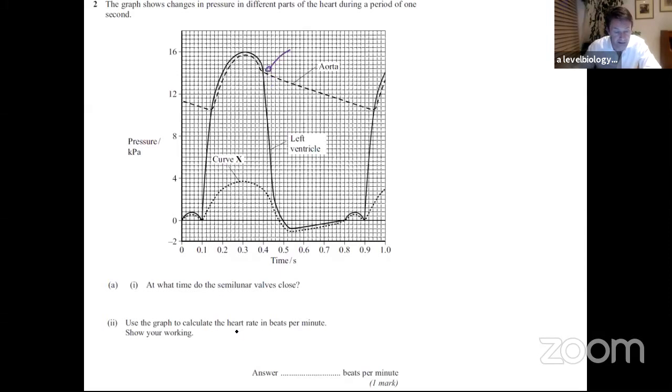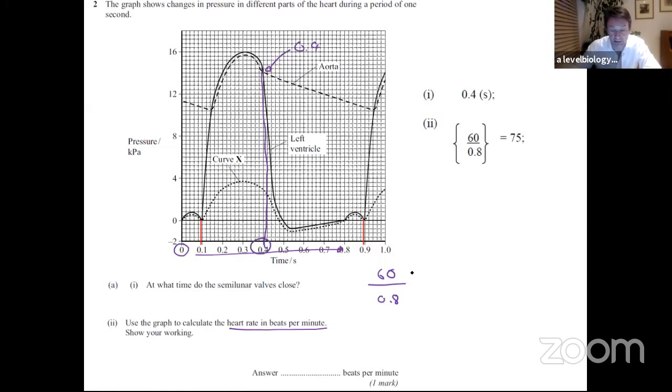And then calculate the heart rate in beats per minute. What you need to do is to take this to this, so it takes 0.8 seconds, so you divide 60 by 0.8 seconds. So there you go. The semilunar valve closes at 0.4 of a second, so we can read it off here.